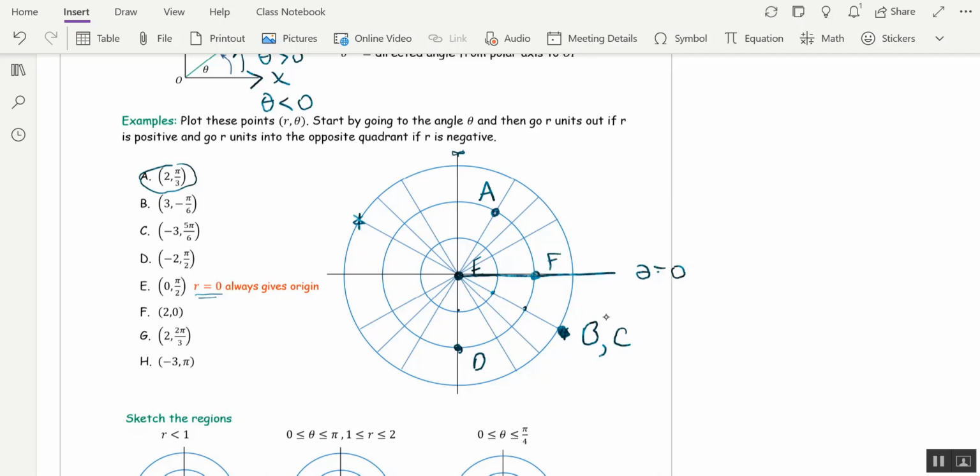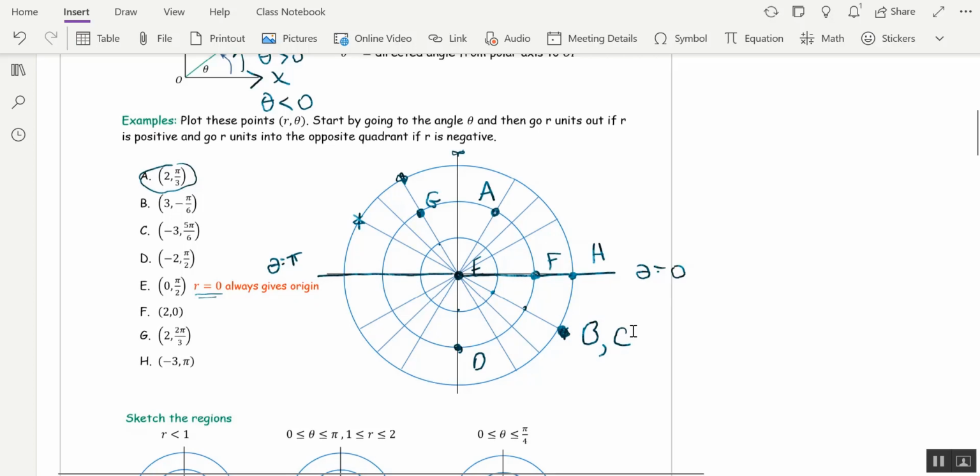Go to the angle 2 pi over 3, that's right here, and go 2 units out. 1, 2. So this is G. And finally, for H, I'm going to go to the angle pi, which is the negative x-axis, and I'm going to go 3 units in the opposite direction. 1, 2, 3. So this is H.